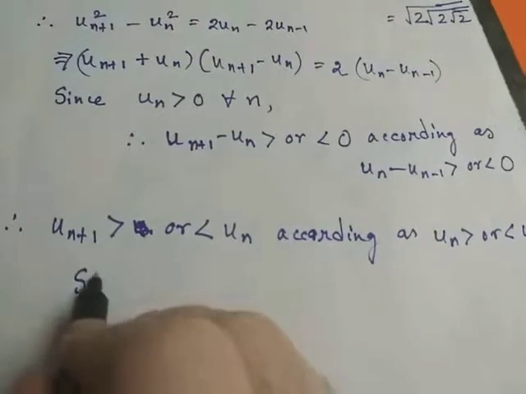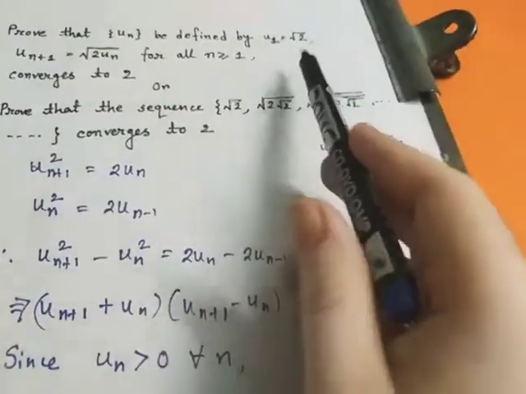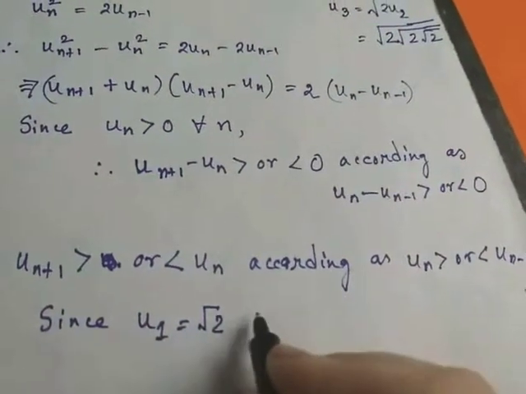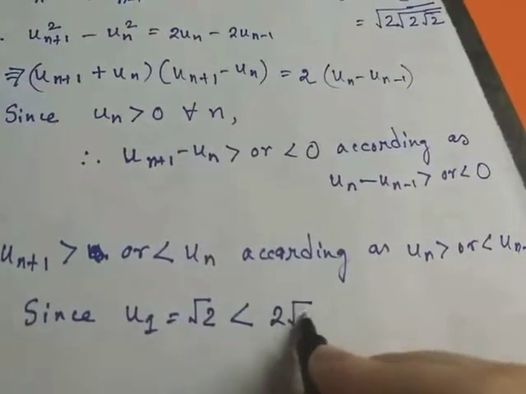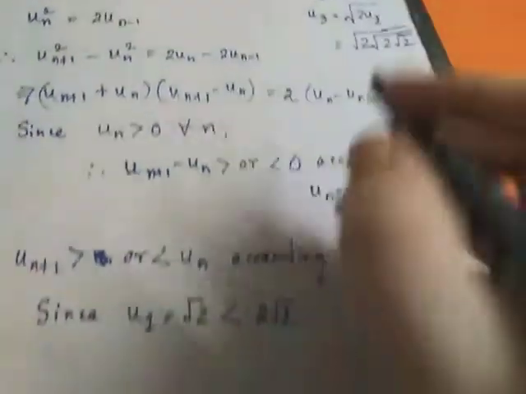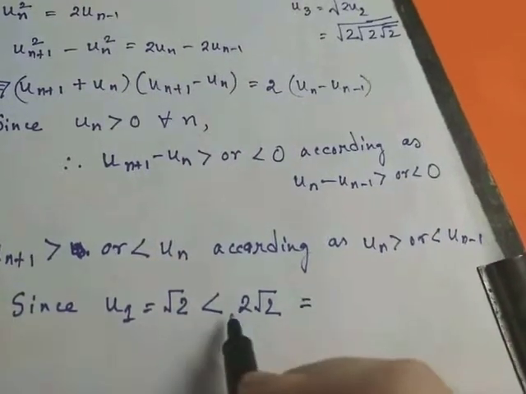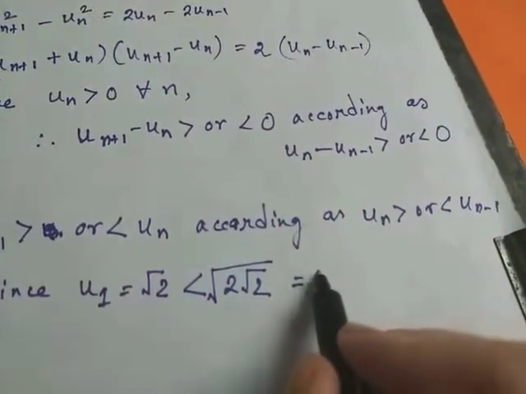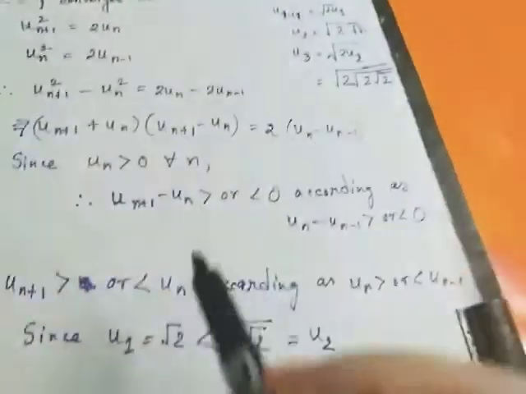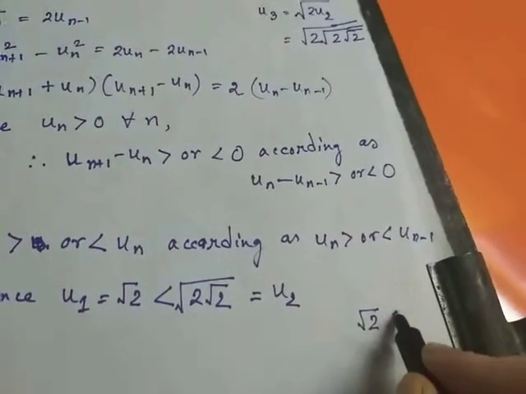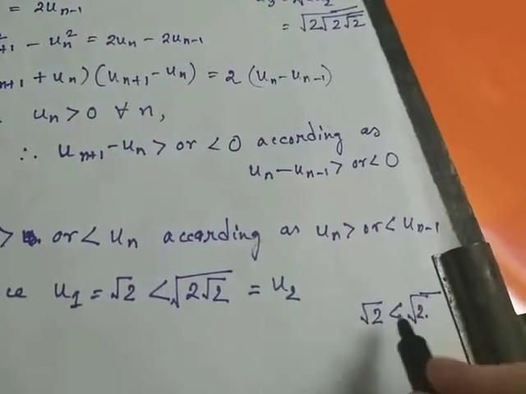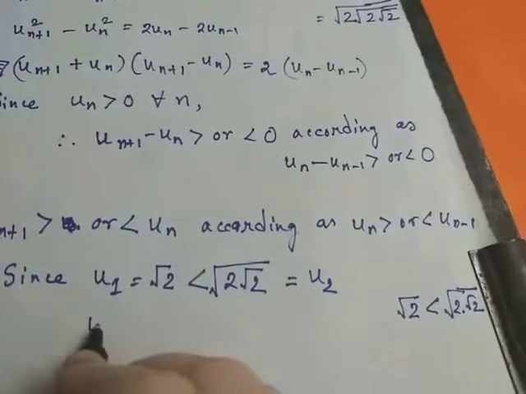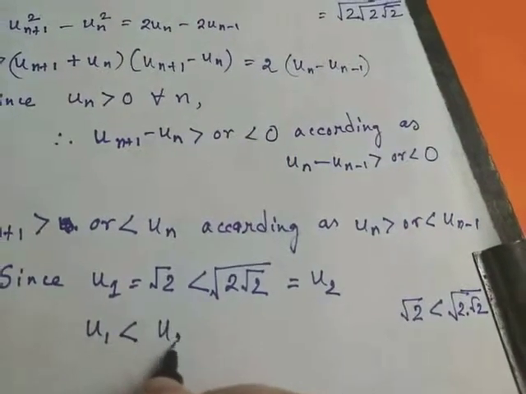Now since u1 equals root 2, this is strictly less than 2 root 2, and root over 2 root 2 means u2, because root 2 is obviously less than root over 2 into root 2. So u1 is less than u2.